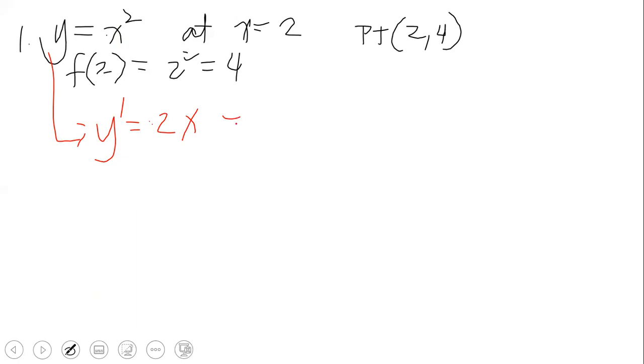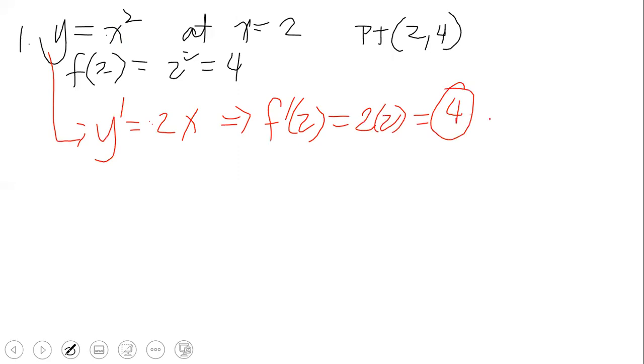Again, we will get the slope because the first derivative of the function is the slope of the function. So f prime of 2, meaning we have 2 times 2, which is equal to 4. So this is the slope of your tangent line.